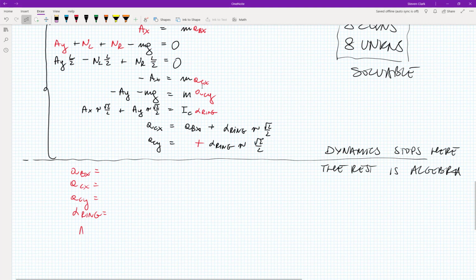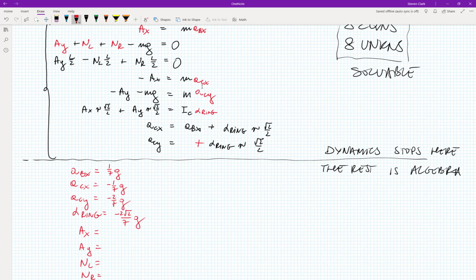So AX, AY, and N left and N right. Okay, so this is what I obtained yesterday. This is 1 divided by 7g. This is minus 1 divided by 7g. This is minus 2 divided by 7g. And the alpha ring is minus 2 square root of 2 divided by 7g.